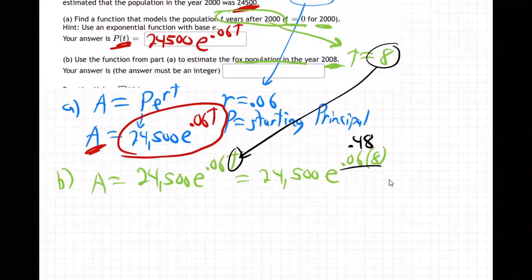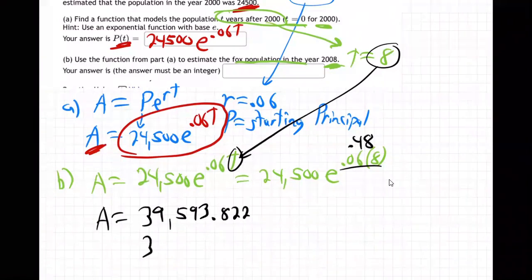The amount I get is 39,593.822. It says an integer, so it knows you can't have part of a fox. We're doing the fox population, so it'd be 594 rounded to a whole number of foxes.